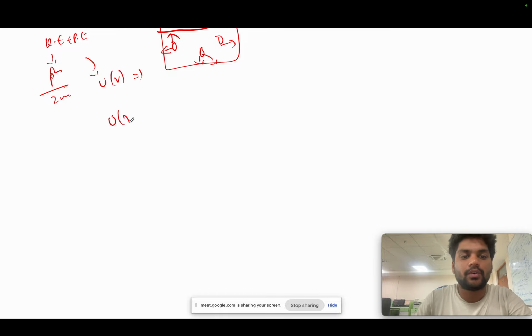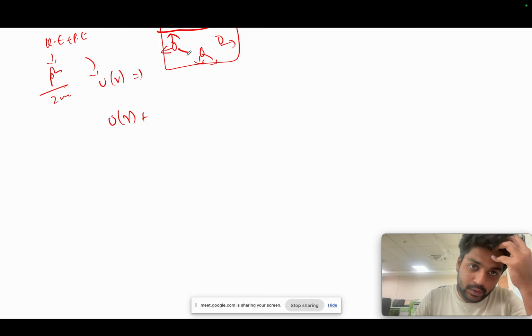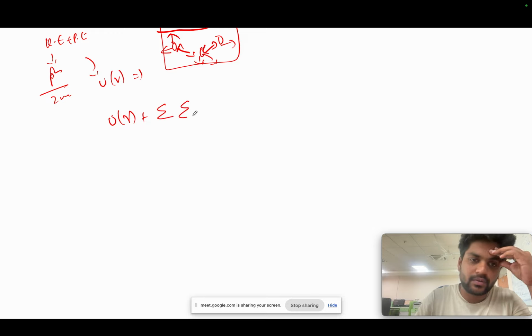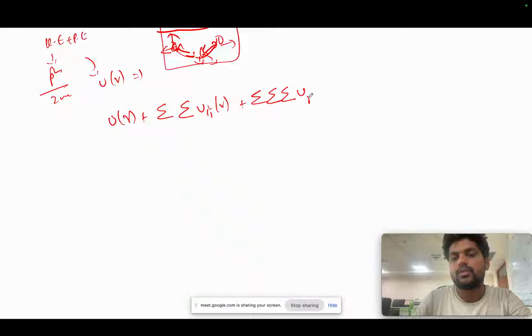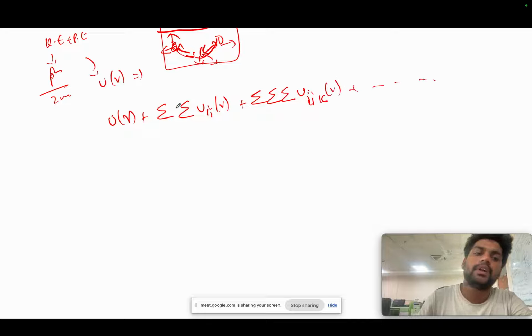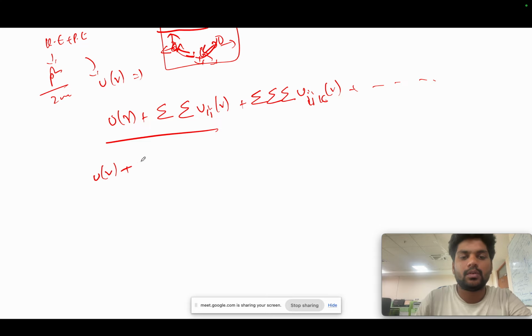So that's u of r, plus the two molecule interaction, sigma u of ij comma r, plus there will be three molecule interaction, where one comes and binds with the 2 and 2 comes and binds with the 3, so u ijk of r, and so on. But in general terms we have taken only the first two.